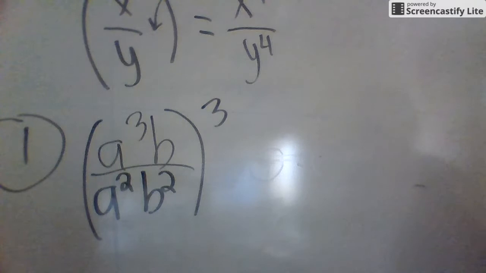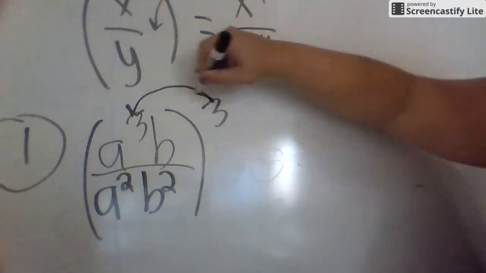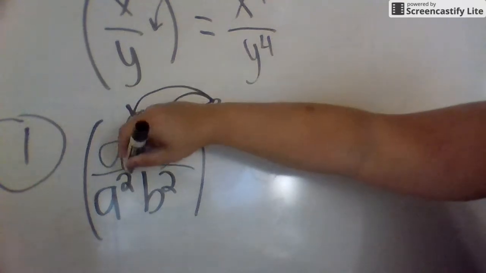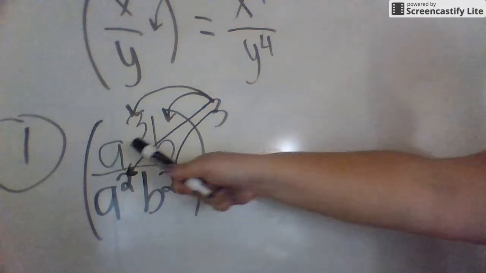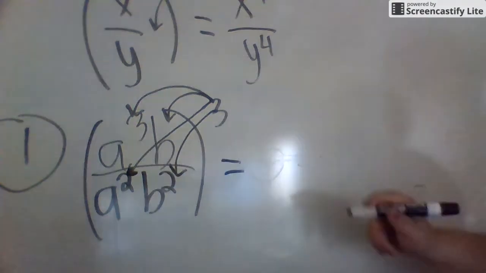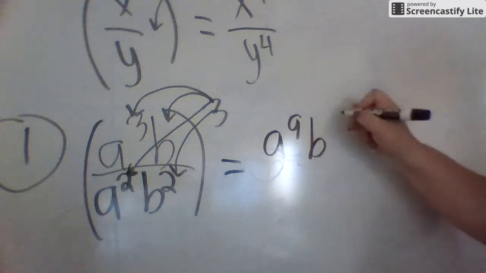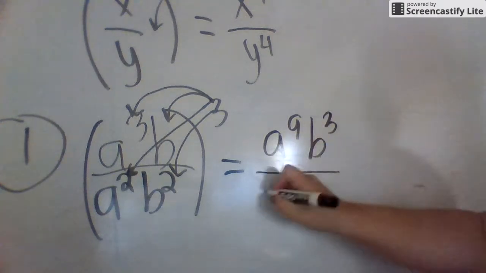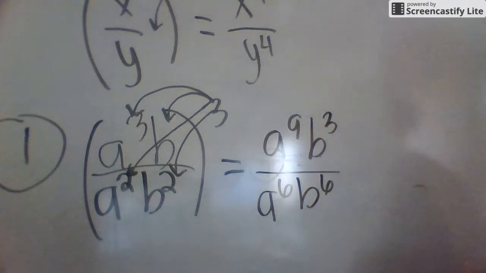All right, so what we're going to need to do is distribute this 3 to each and every single part first. So a to the third raised to the third is a to the ninth, b to the third over a to the sixth, b to the sixth.